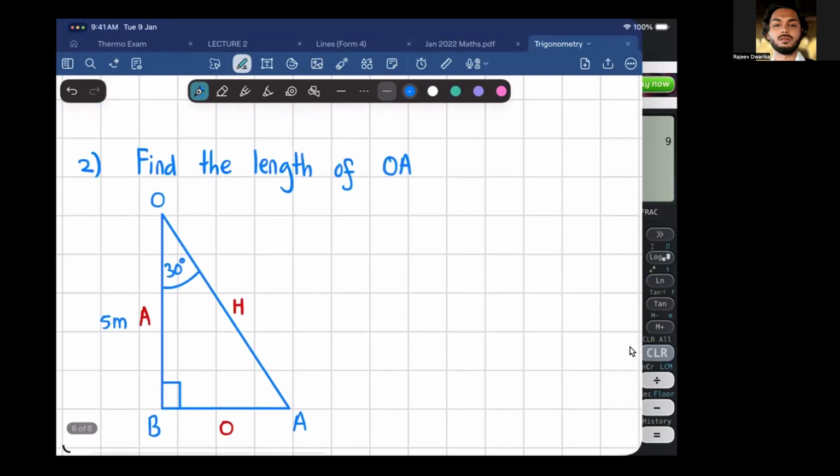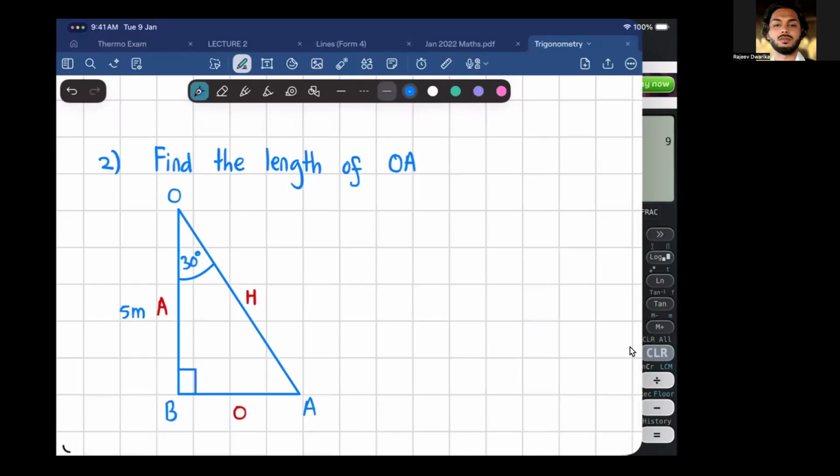Perseus, to figure out which trig ratio to select, you're going to look at what you have versus what you're trying to find. What do we have here? We only have A. When I say have, I'm talking about a known length.